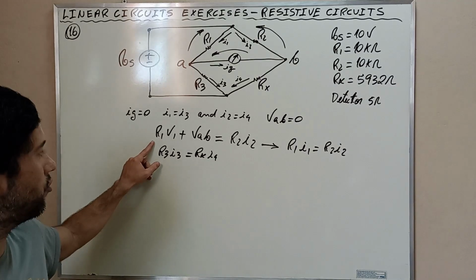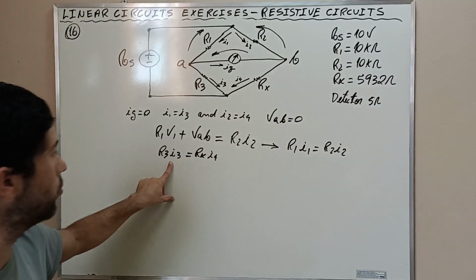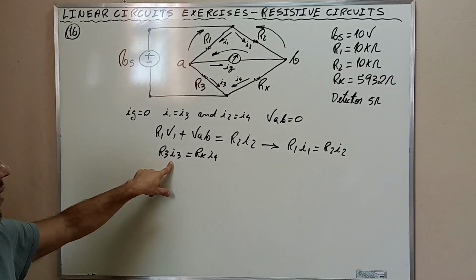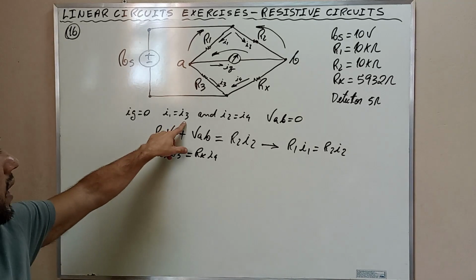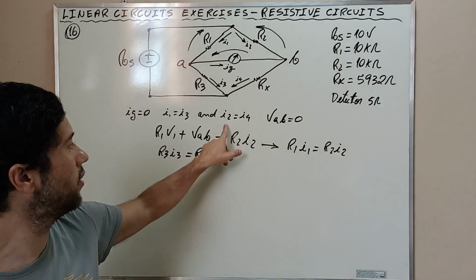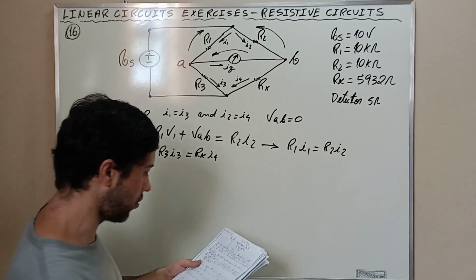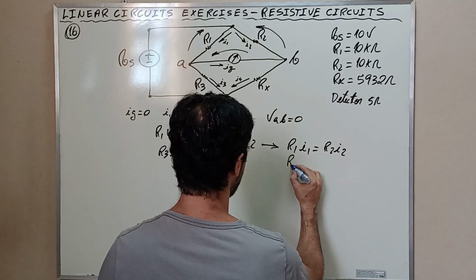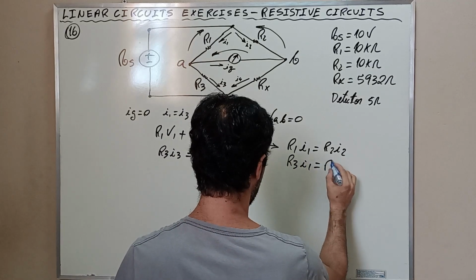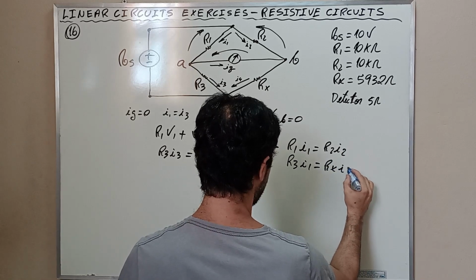Using the same reasoning that we used here, we would find this, but we are going to simplify it already, because we know that I3 is equal to I1 and I4 is equal to I2, and then we write here that R3 times I1 is equal to Rx times I4.